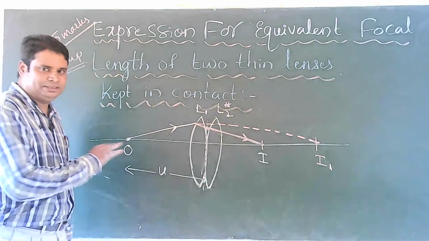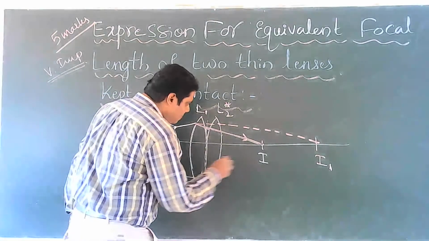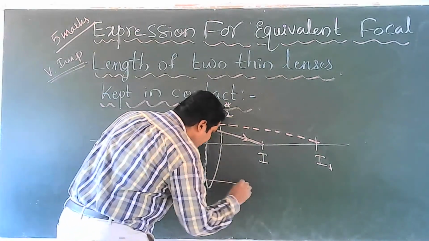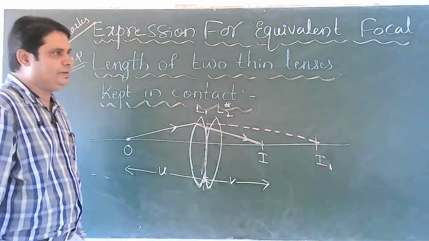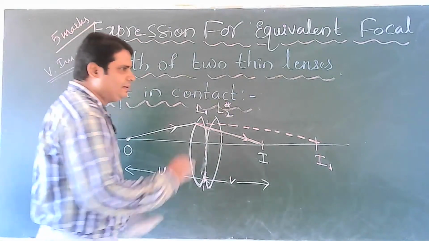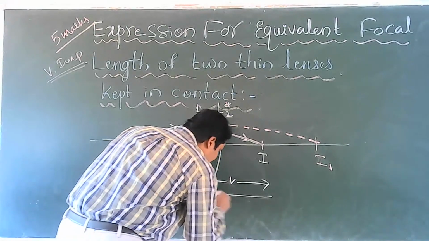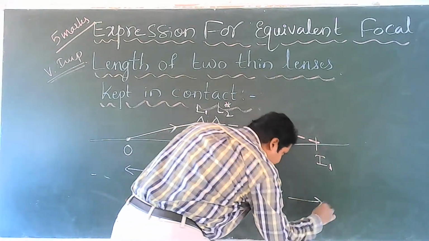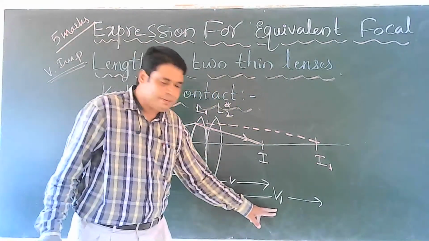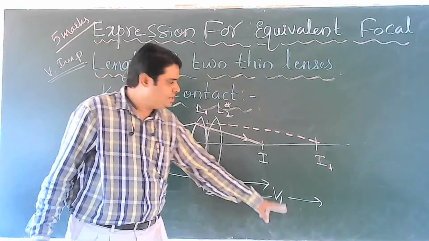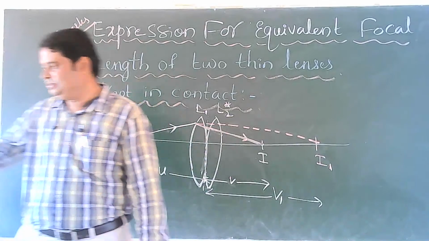I just forgot to mention the object here. This will be the real image distance. This is V1. V1 stands for the distance of the image in the absence of the second lens L2.